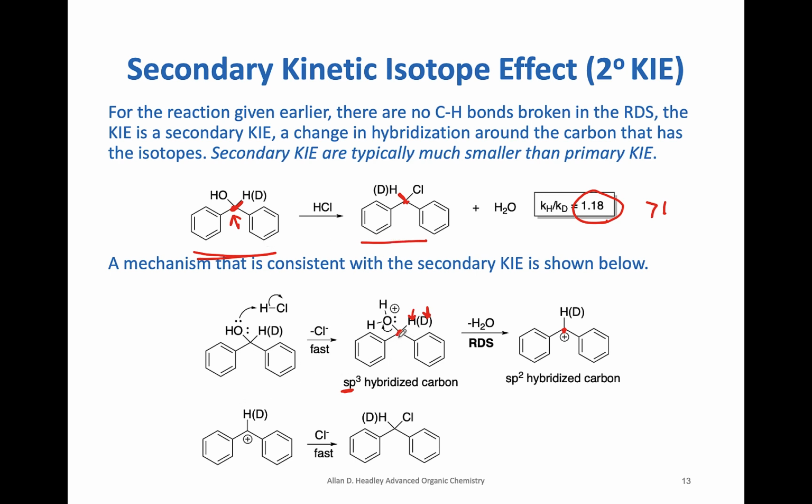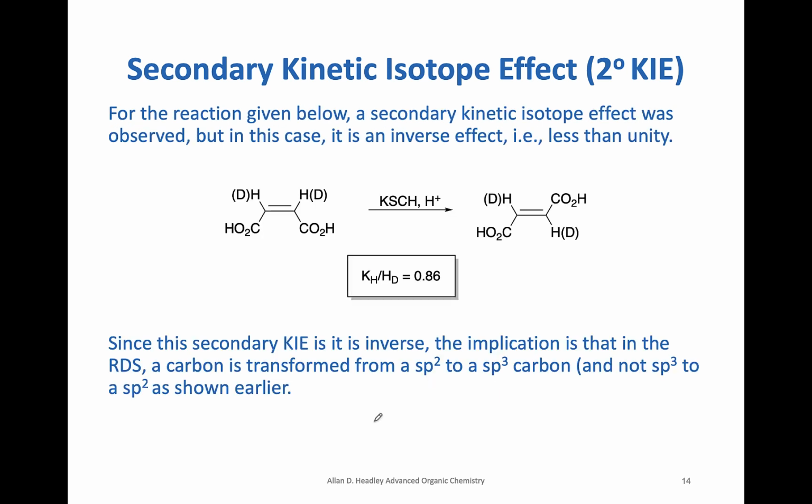This is the sp3 and this is the sp2, and here's your carbocation, and here is the rate determining step, which is consistent with what we have seen in a general organic course. And of course the fast step is where the Cl comes in and bonds here to give the product in a fast step.